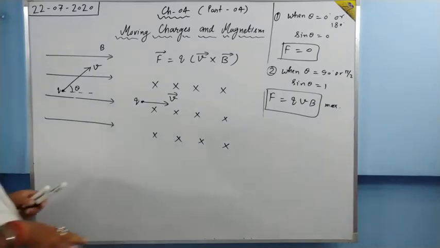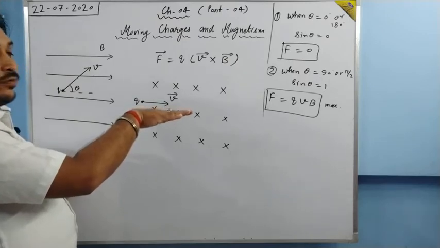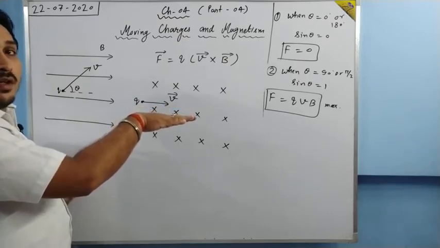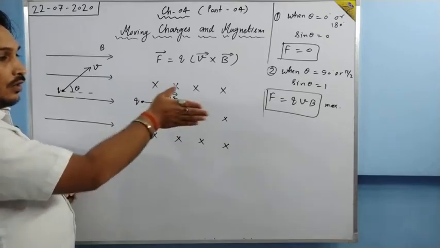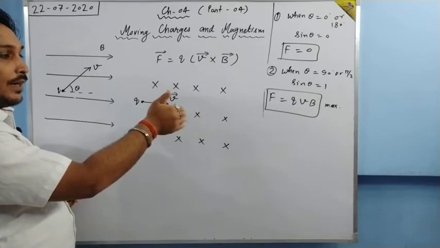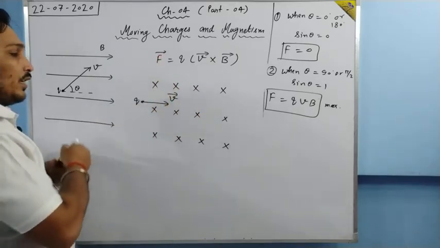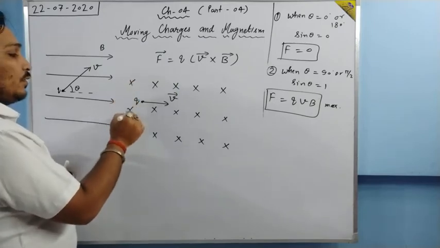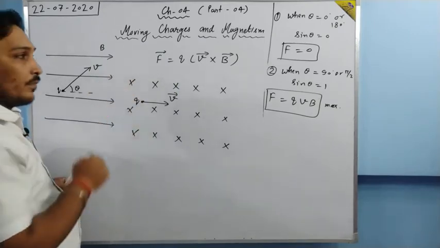First of all, the cross product rule. All your fingers towards V, then you have to fold them towards B, the magnetic field. So you just have to rotate your fingers like this. Then extend the thumb from this towards upward. So basically, when this charge moves, it will have a force towards upward.